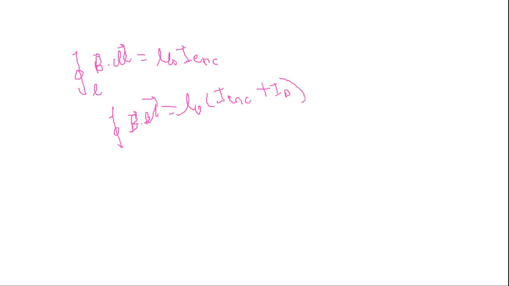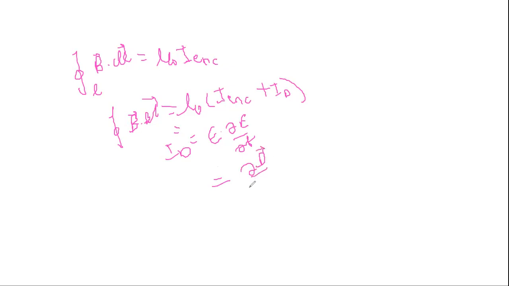Then he said, what actually is ID? ID, the displacement current, is equal to epsilon times del E upon del T. Or if you take this epsilon inside, this is nothing but del D upon del T. This is important.